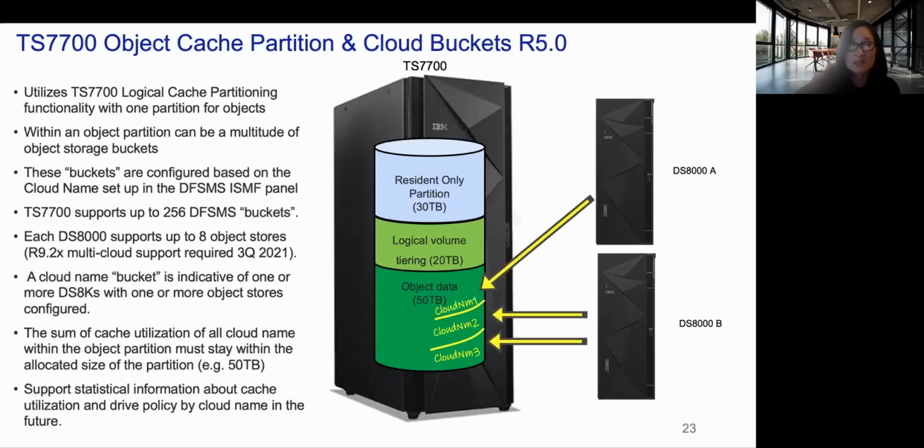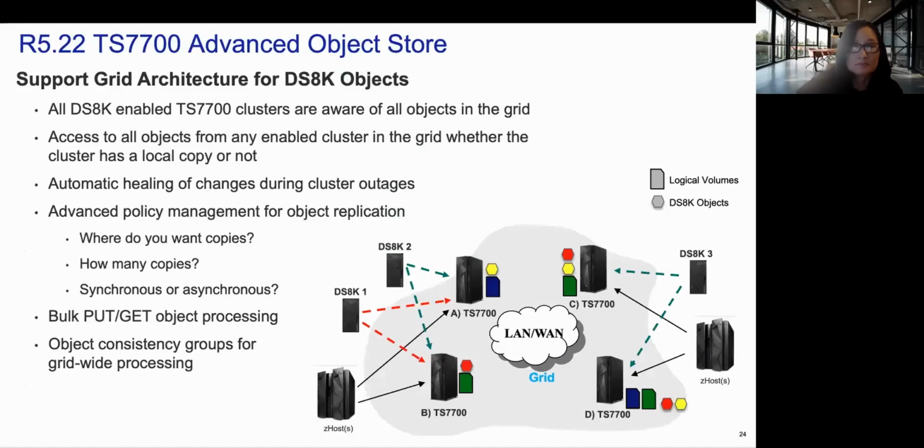And this actually ties more into Advanced Object Store that we're going to be talking about, because now there's another purpose for separating it out. This release, we call it 5.2.2 or release 5.2 phase 2. We have different names because we did actually deliver a phase 1 earlier this year that had some different content.